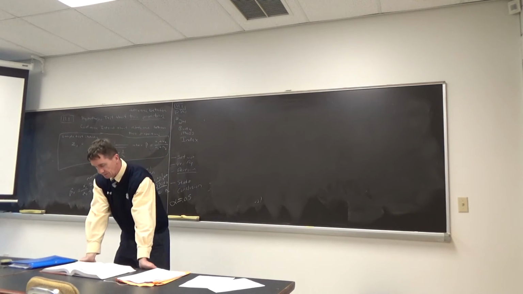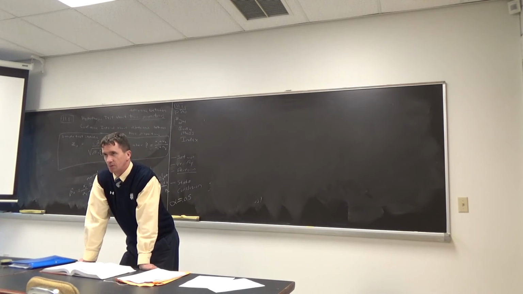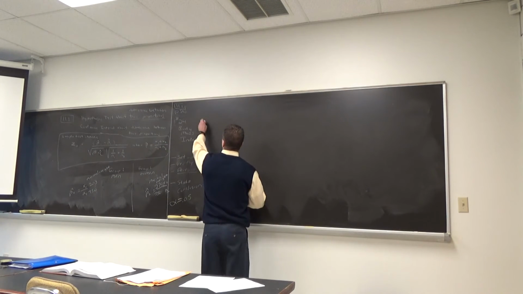Normal weight. Okay, there's the proportions, BMI between 20 and 25. The book says, can you construct a 90% confidence interval to gauge whether there is a difference in the proportion of men and women who are normal weight? I'm going to write that out, just so you know the direction.